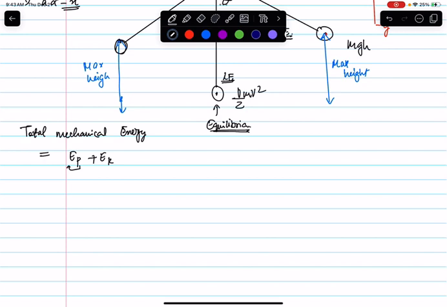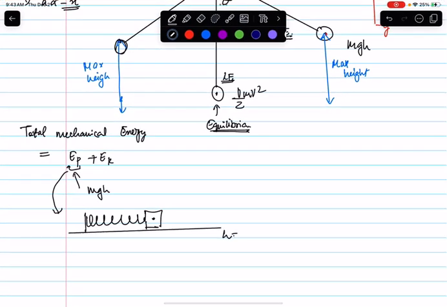Now, this potential energy can differ based on what we are looking at. When it comes to the pendulum, we were looking at gravitational potential energy, so that's mgh. But when we're dealing with mass spring systems over here, if we put it on the ground, we clearly see that the height is 0 meters, okay? So the potential energy in a mass spring system would not come from gravitational potential energy, right?